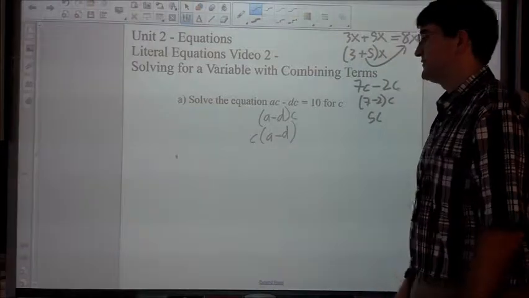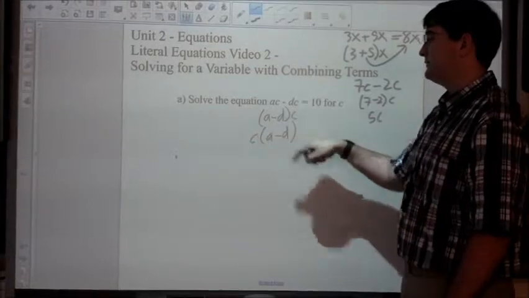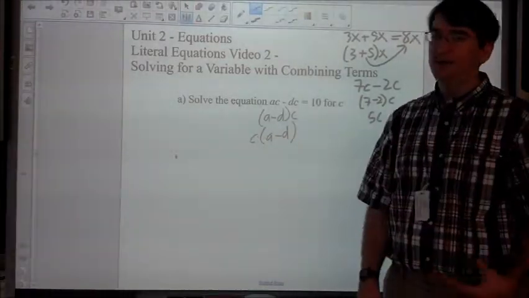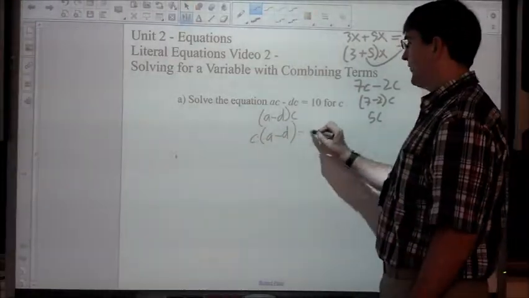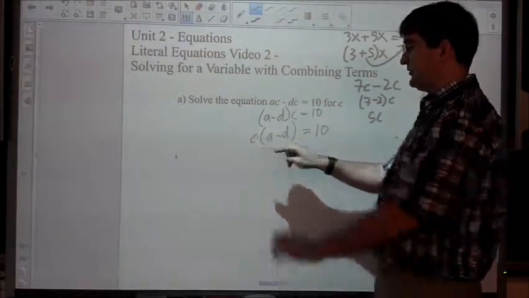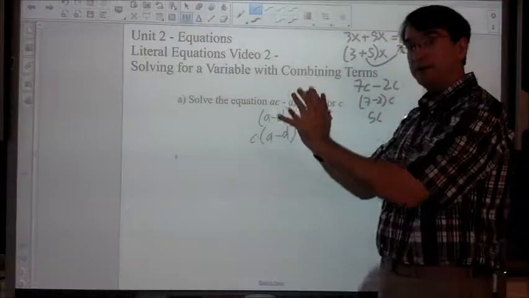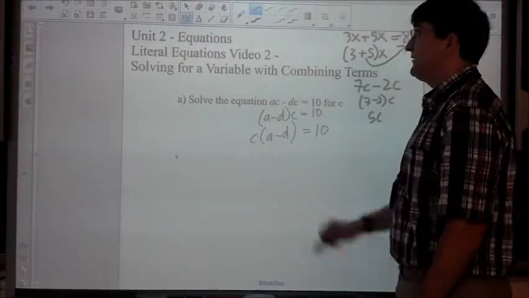It's a matter of preference. Conventionally, it's the second way, the C times A minus D, putting the C out in front. But ultimately, it doesn't matter, as long as you know that these are two grouped things. The C is by itself, and the A minus D is by itself in a group.